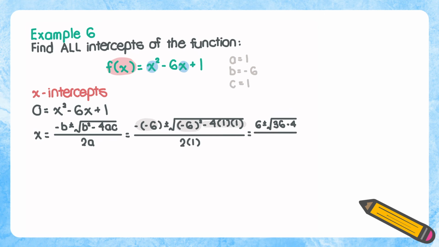And all this over 2 times 1, which is just 2. And then we have 6 plus or minus the square root of 36 minus 4 is 32. And all this stuff over 2.